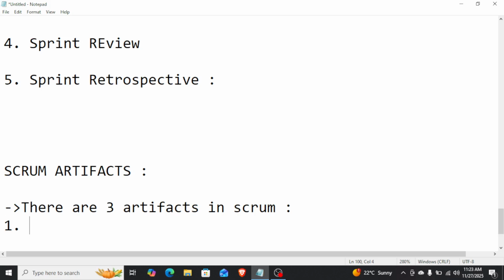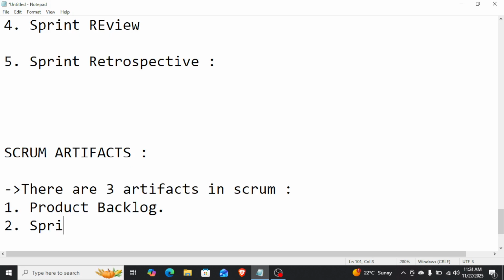One is product backlog. Master list of all features, bugs and improvements owned by the product owner, continuously updated and prioritized. Example items: user registration, login system, add to cart, payment integration.